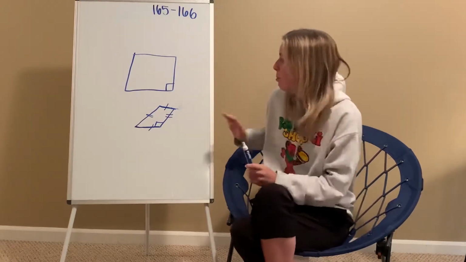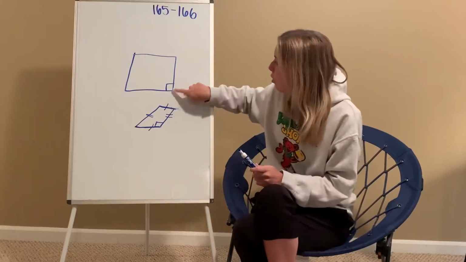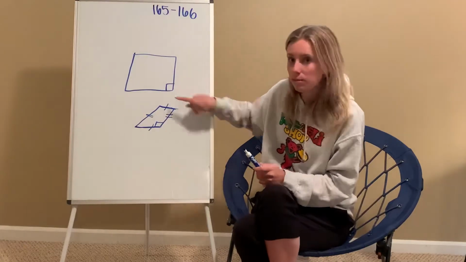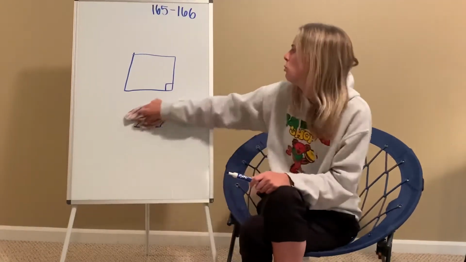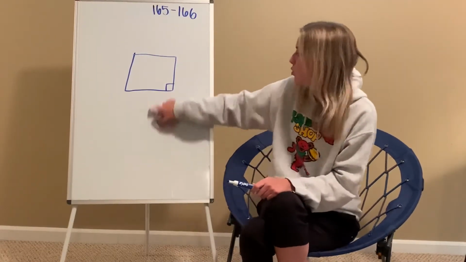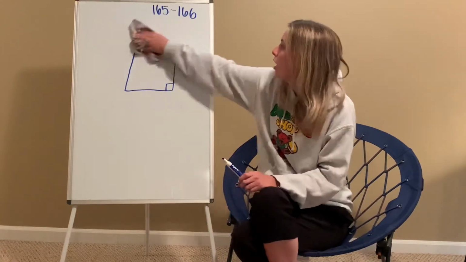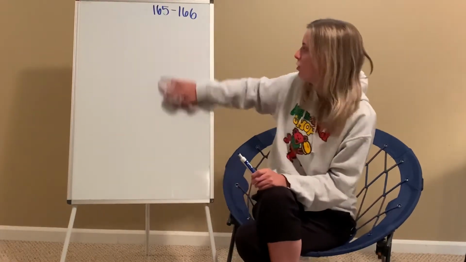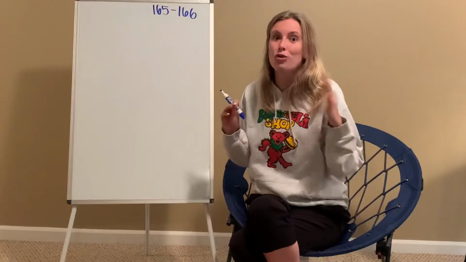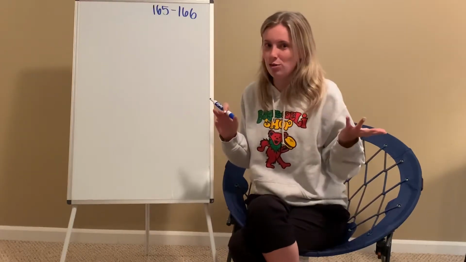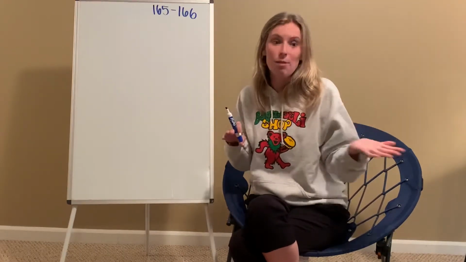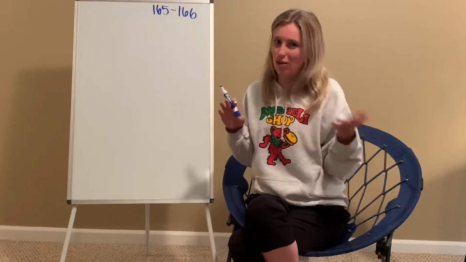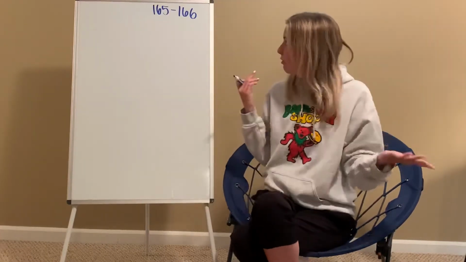It doesn't make that perfect degree that this one does. But you will learn so much more about this in second grade, so it's okay if you're a little bit confused. And one fun fact that I don't think I said in yesterday's lesson: all squares are actually rectangles. So a square can be a rectangle, but a rectangle isn't able to be a square. I thought that was a little fun fact.